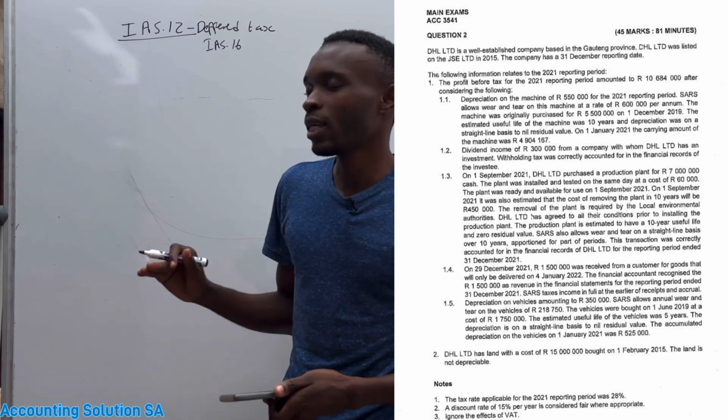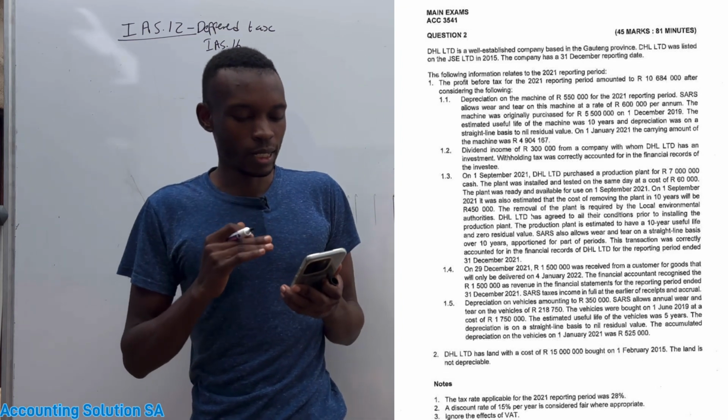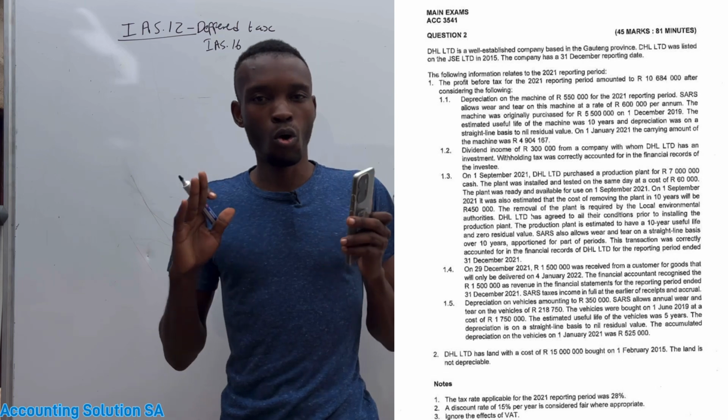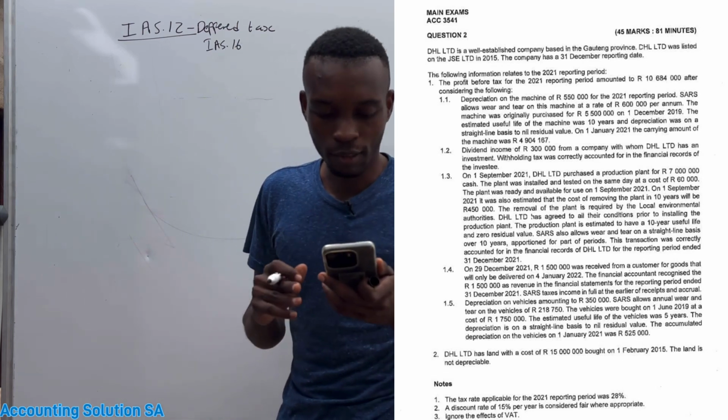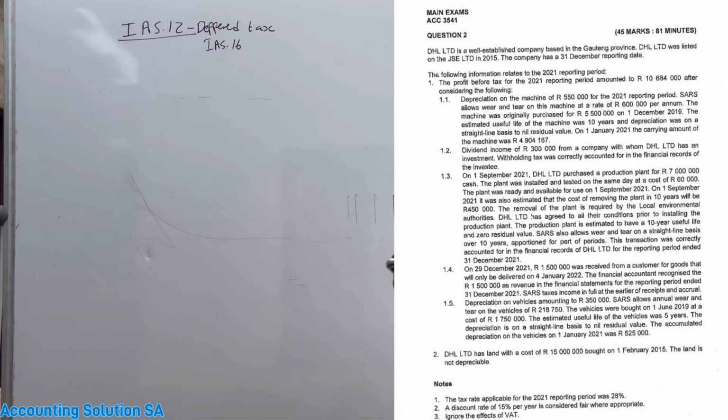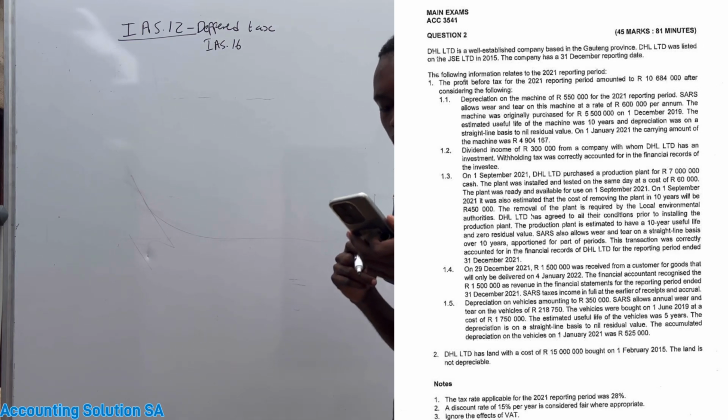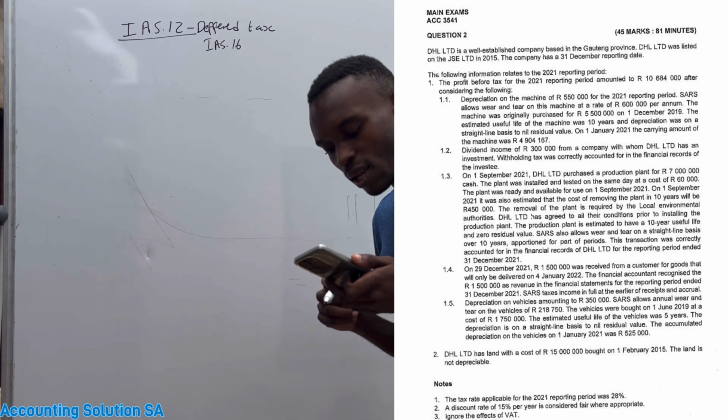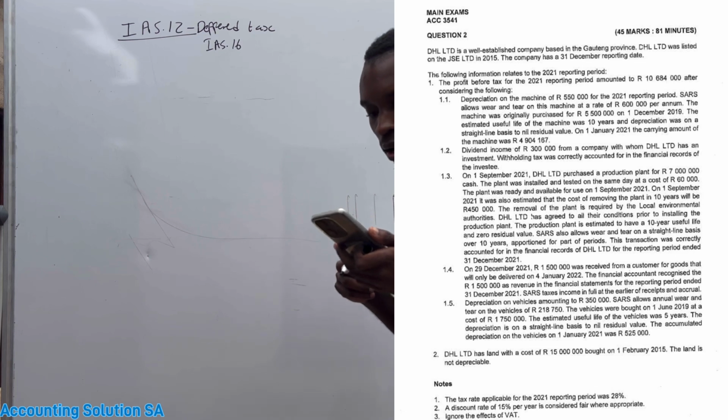But in this case we are going to do the journal entries and treat all the transactions that we have. Number 1.1, they said depreciation on machine is 550,000 for the 2021 reporting period.